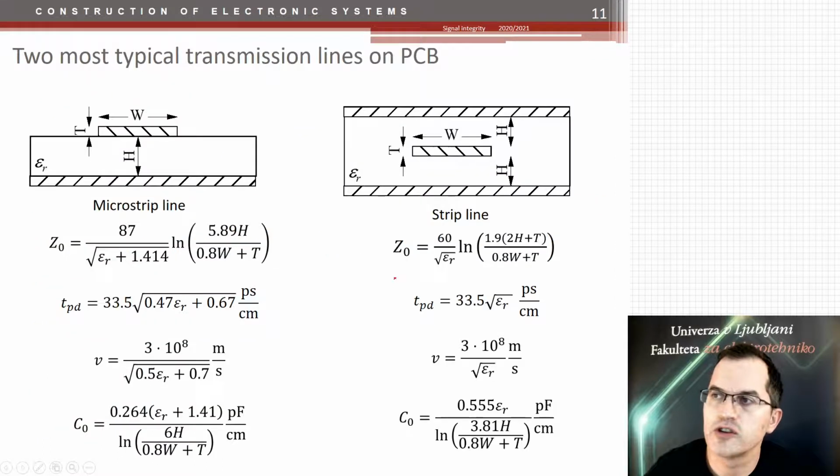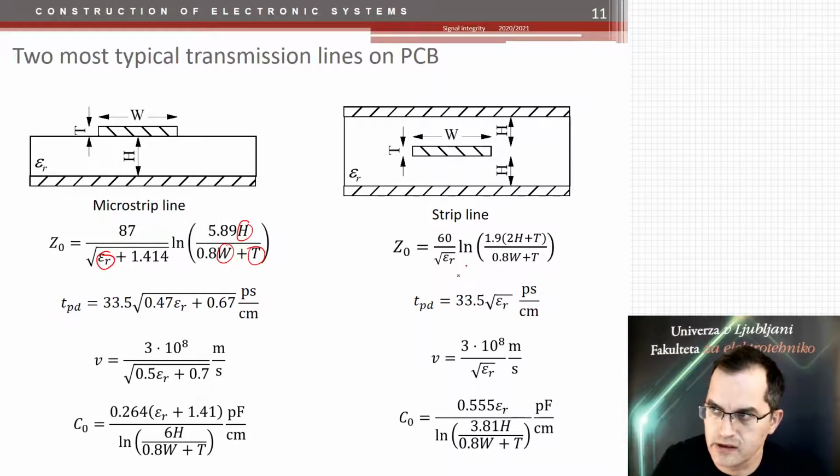Okay, and for the two most typical transmission lines on PCBs, which are the microstrip and the stripline, we have some empirical equations shown here. And all the others can also be expressed with empirical equations, of course a little bit different ones, but for each form of transmission line its properties can be calculated according to its dimensions. So you see here that the characteristic impedance of these two transmission lines contains their physical dimensions and the properties of the dielectric.